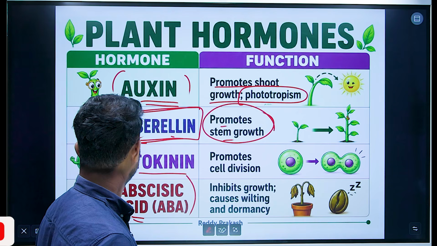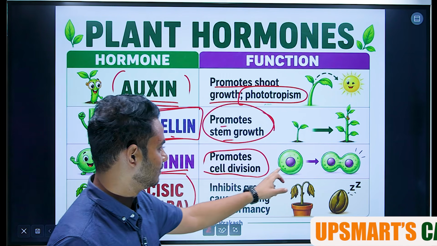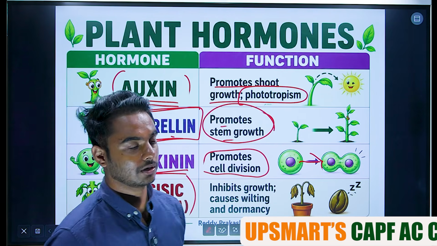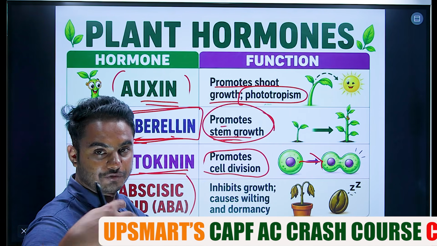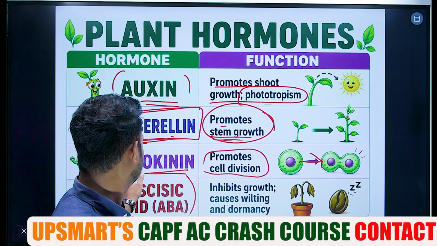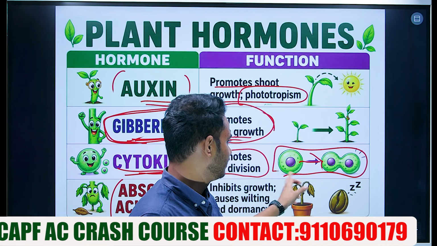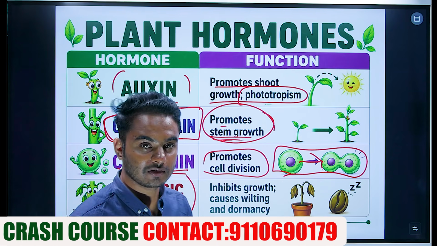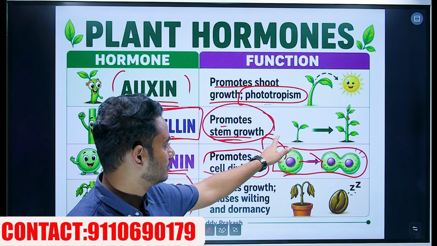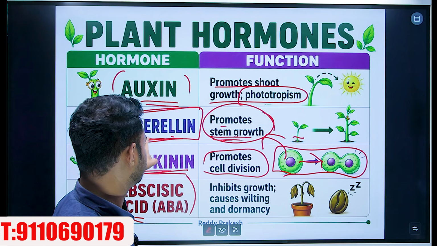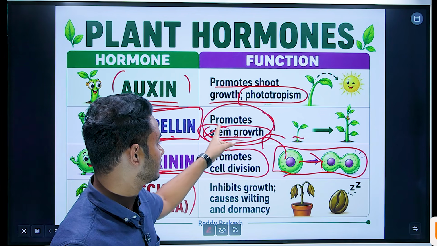Cell division is done by cytokinin. Gibberellin is stem growth. Overall, further division and growth of the plant is by cytokinin, cell division. This cell division happens and helps various other hormones, that is gibberellin. Cell division happens in the stem, and that helps the gibberellin grow the specific stem.